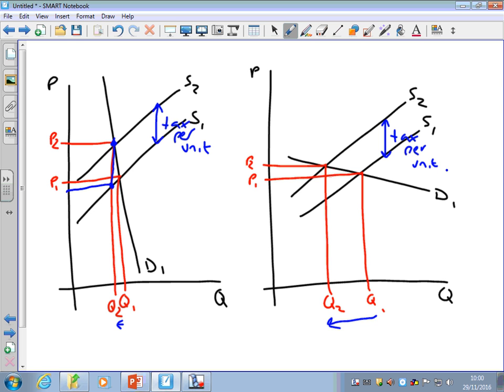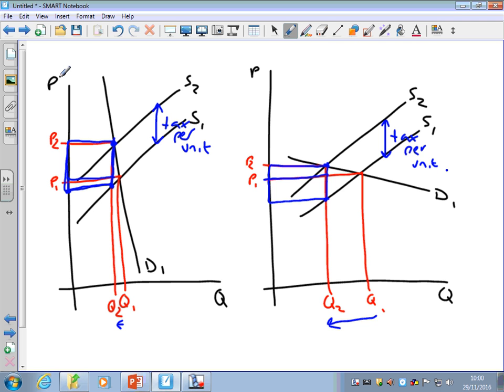All the way across back to this axis here will show me the sales. And we get this tax revenue box here. Over here, same thing. Equilibrium point all the way down to the original supply. And we get this tax box here.